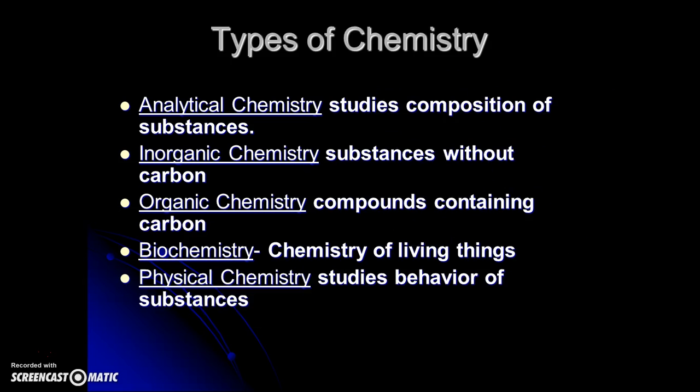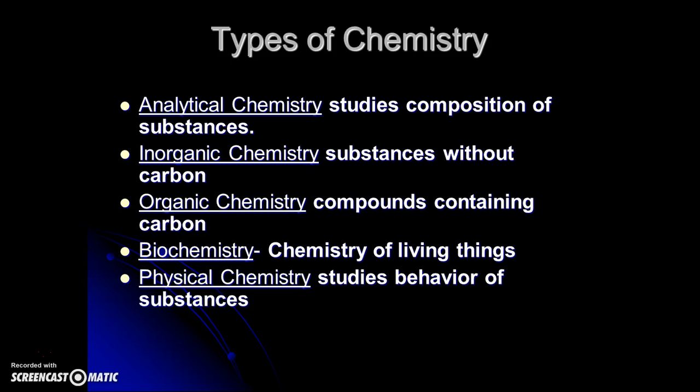And then the last type of chemistry we have up here is what's called physical chemistry. And then in physical chemistry, we're talking about energy changes that occur in reactions. Whenever you have a campfire during the summer and you're roasting your marshmallows, that would be a topic of physical chemistry, where we would measure the amount of energy, the amount of heat, the amount of light produced from a chemical reaction.